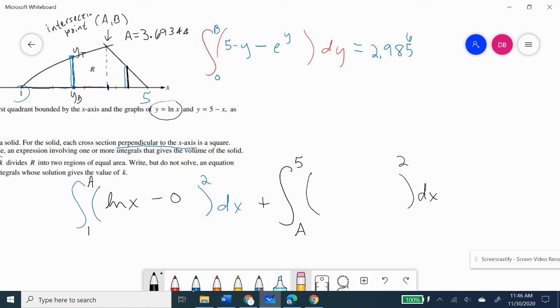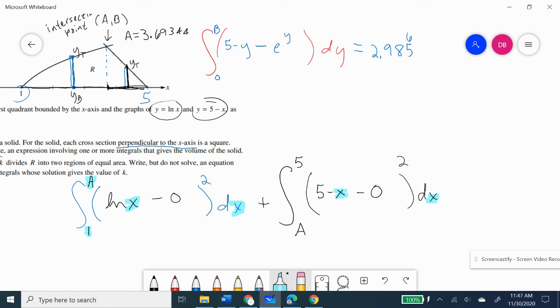Then, as I travel from x equals A to x equals 5, this time the top y is y equals 5 minus x, and the bottom y is 0. Again, I do not have to write that minus 0. Now, I want to point out, double check this. You have a dx integral. You are only using the x variable, and it is the x limits.